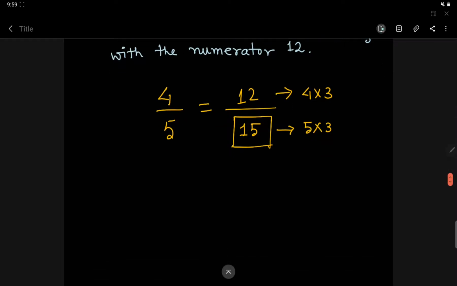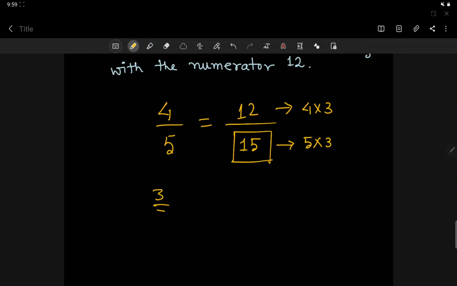Similarly, if I choose another problem, 3 by 7, but it is given 9 in the numerator, so find its denominator, which gives the equivalent fraction of 3 by 7. How did you get 9? You know 3 3s are 9, because here it is given 3, and if you multiply by 3, then it will come 9.